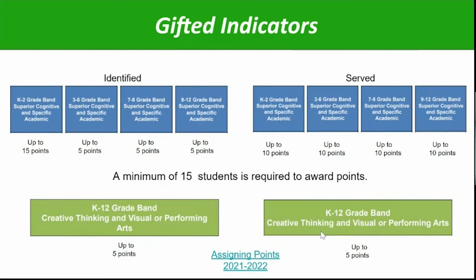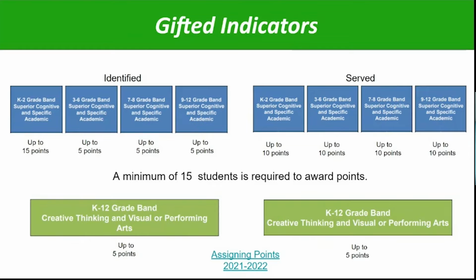All right, so let's start out with our Superior Cog and specific academic identification and service. So on the top here, these are my blue boxes, and you can see that for identification, the one thing that really popped out to me when I was looking at this is that K2 band. The K2 band, up to 15 points can be earned for that category.